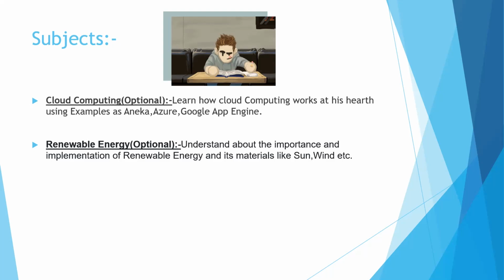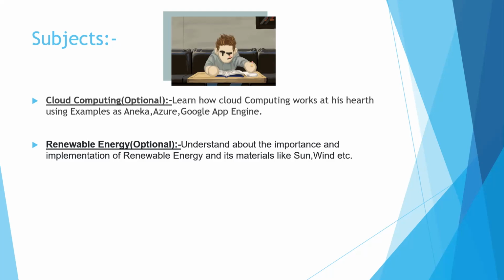We're going to learn about various types of cloud computing services like Infrastructure as a Service, Software as a Service, and Platform as a Service. Software as a Service means a ready-made app, like WhatsApp.